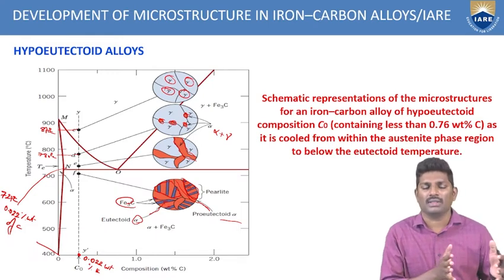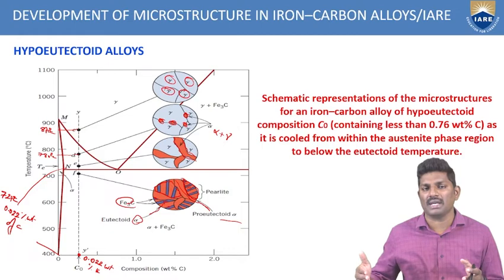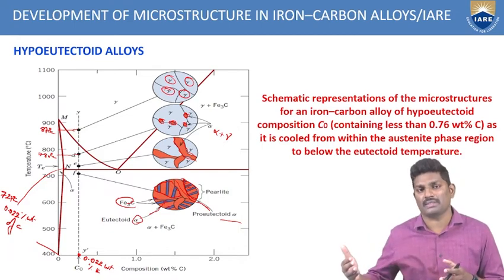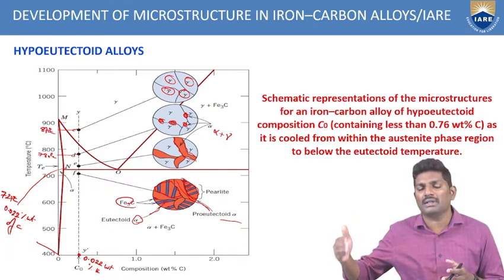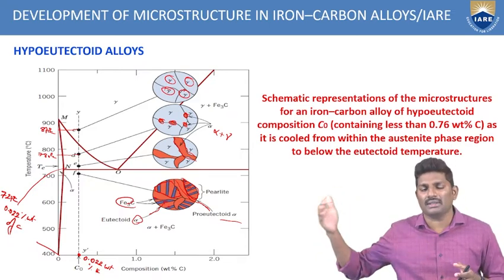That zone, that area where the material is being changed or the microstructure is being varied, is called the hypoeutectoid alloys. Beyond 0.76%, that is called eutectoid alloys. And again after 6.70, that is called graphite alloys.